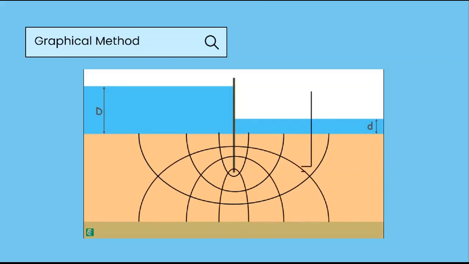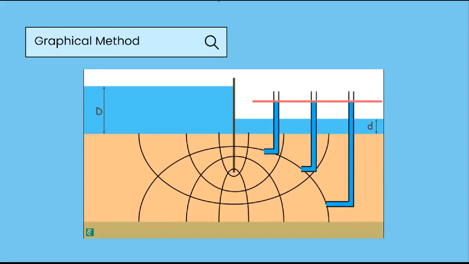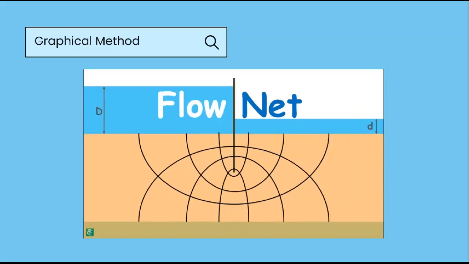If we insert piezometers into the soil at different points along an equipotential line, we will notice water rises to the same elevation in all these piezometers. And thus, we constructed our flow net.